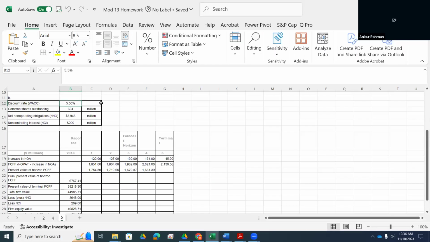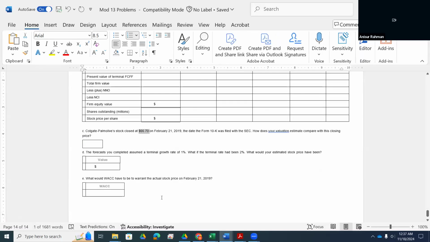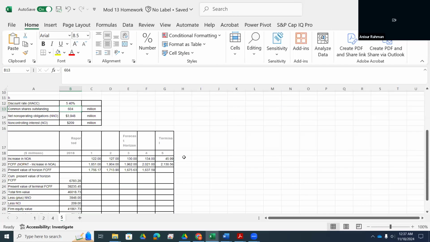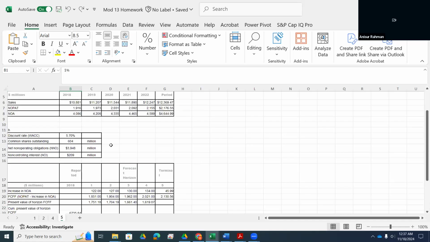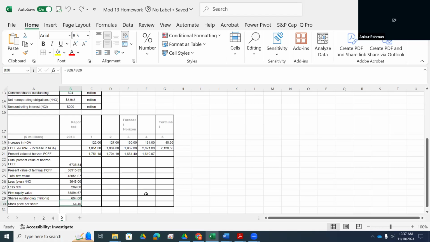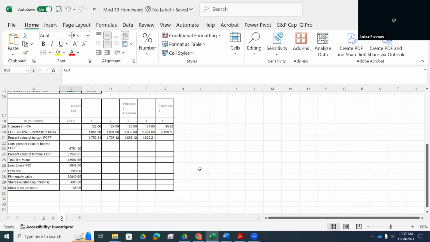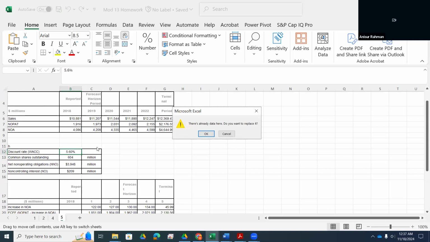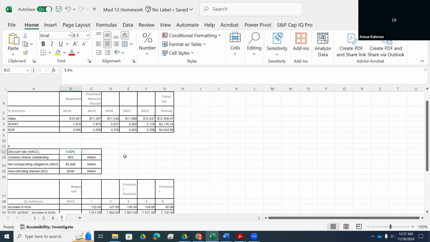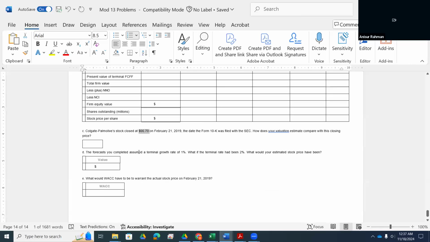So let's say 5.4, 69. So we need to increase. So our original was 5.7 and we got 64. We need 66.7. So let's try 5.6. So it did increase. Okay, so let's try 5.65. 5.55. 66.77, close.